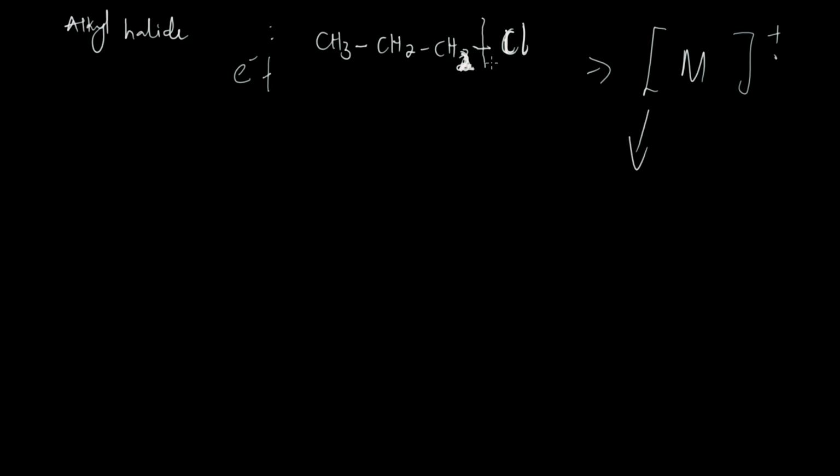So if the chlorine breaks off, we're going to have CH3, CH2, CH2 with a positive charge, plus Cl radical. So this one is detected on the spectra. So that's one part of it, that is breakage of the alkyl group.